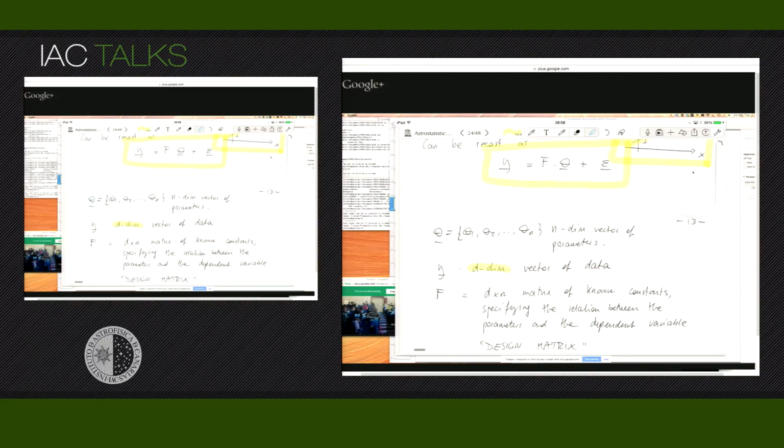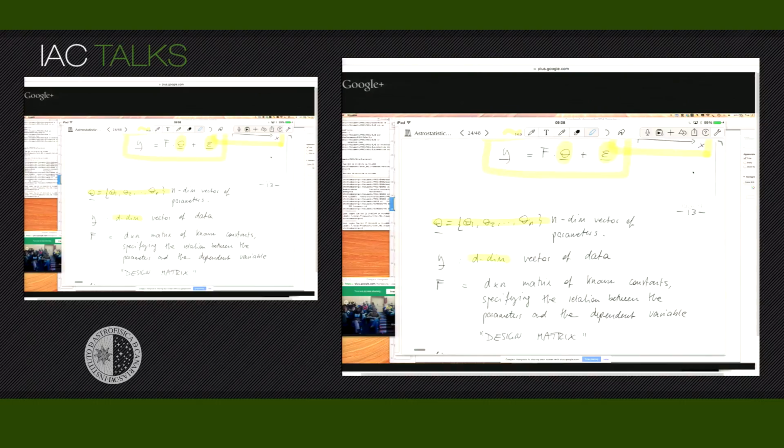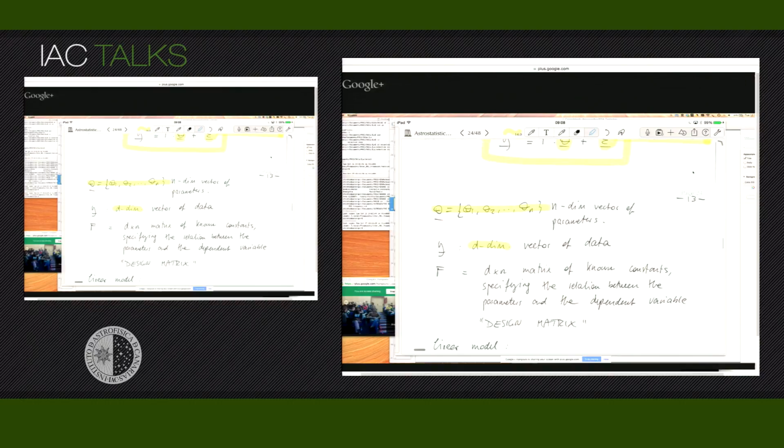Theta is the vector of parameters from 1 to n, so that's n-dimensional linear parameters. Epsilon is the noise vector, and F is a D cross N matrix of known constants which maps parameters onto responses, and it's called the design matrix.